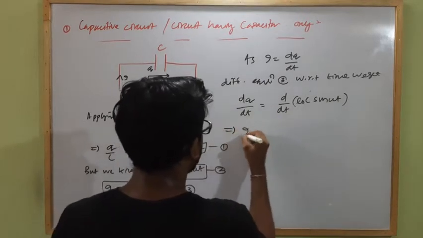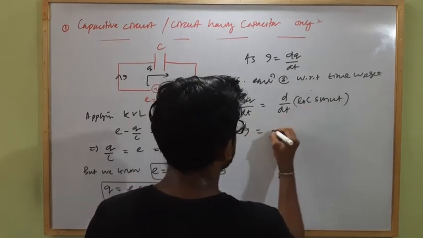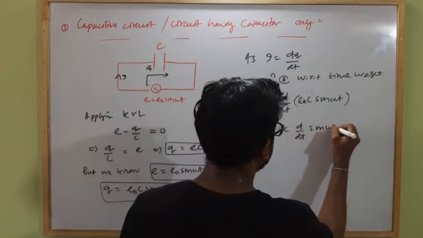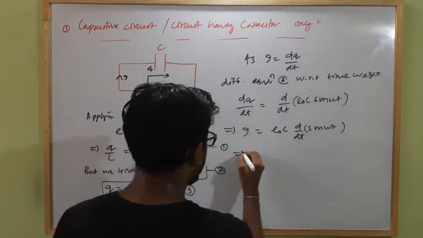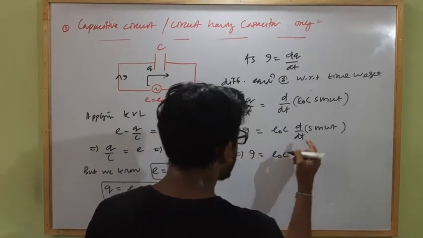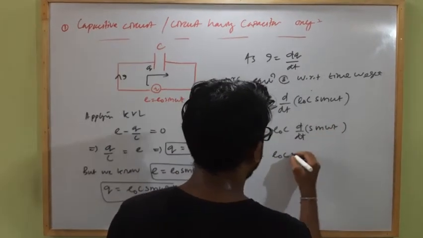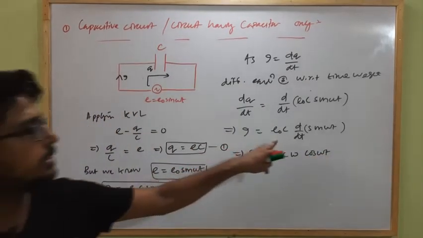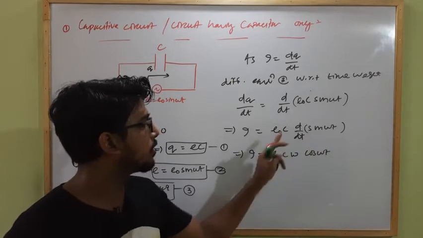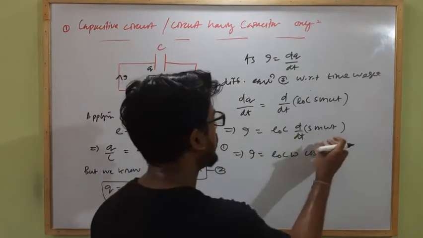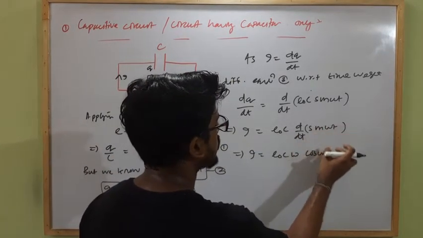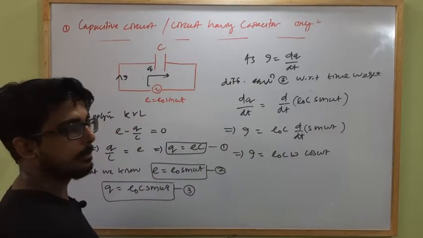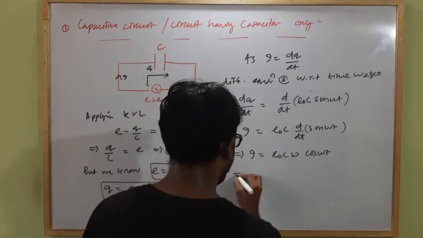This implies I equal to E naught C, a constant, times d by dt of sin omega t, which will be omega cos omega t. Clear? Because the derivative of sin omega t with respect to t, by applying the chain rule, gives cos omega t into the derivative of omega t, so it will be omega cos omega t.